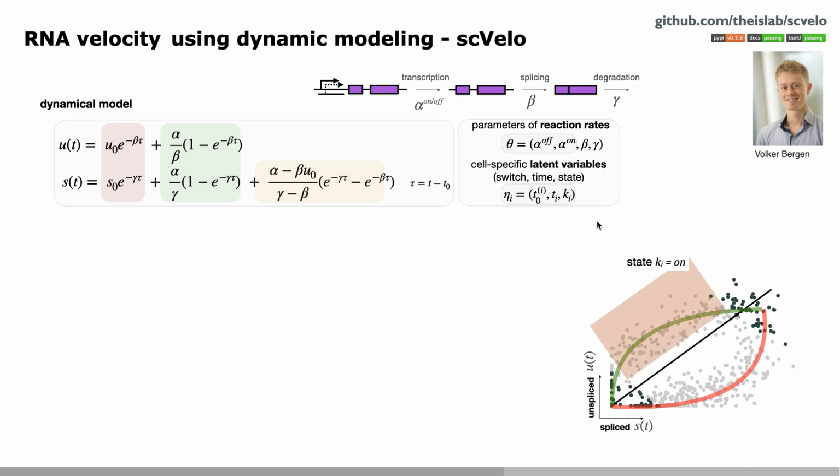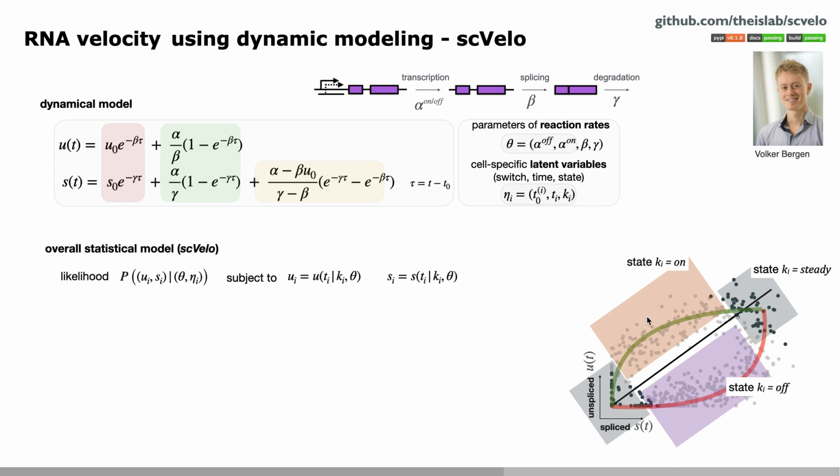So a word on the states. We assign to every cell a certain state that it is in. Either it's in the so-called on state, or it is in the off state, or it is in the steady state. So these are the three different types of states a cell can potentially be in. We write this up as a likelihood model. So we determine the likelihood of the unspliced reads and the spliced reads with respect to our reaction rates and the latent variables.